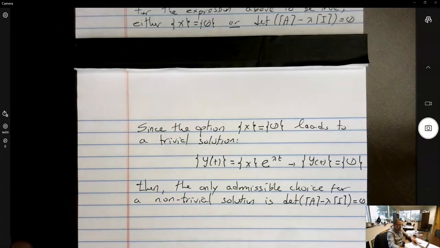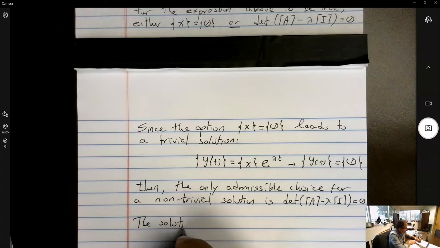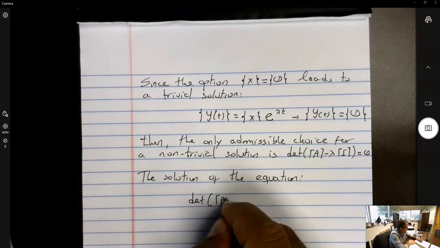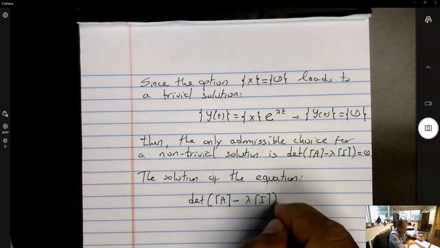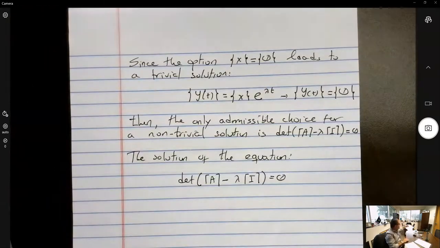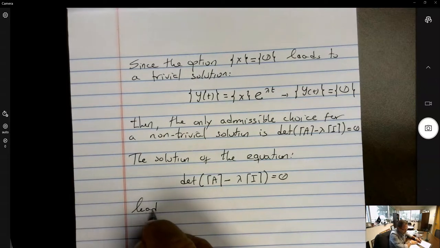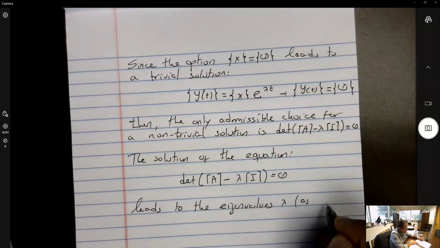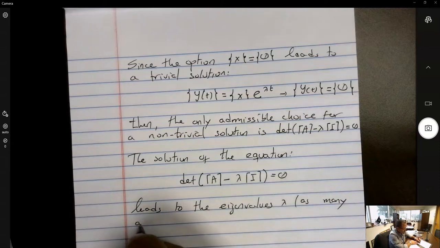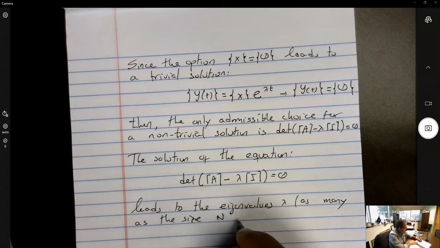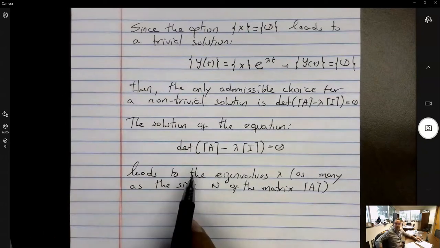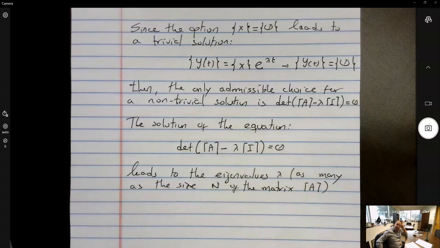So this solution of the equation that says that the determinant of A minus lambda I equals 0, if we solve that equation, leads to the eigenvalues lambda, as many as the size n of the matrix A. So this will lead to a system of linear equations for lambda.